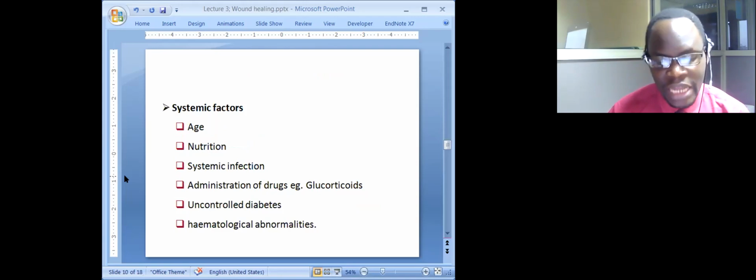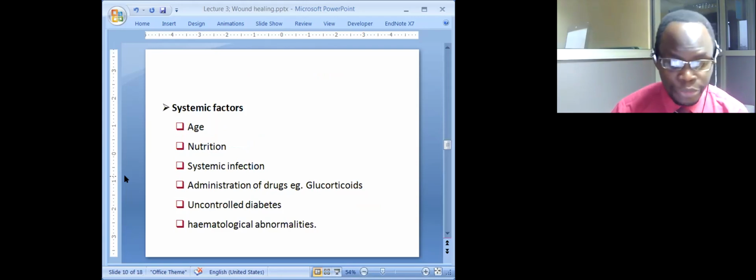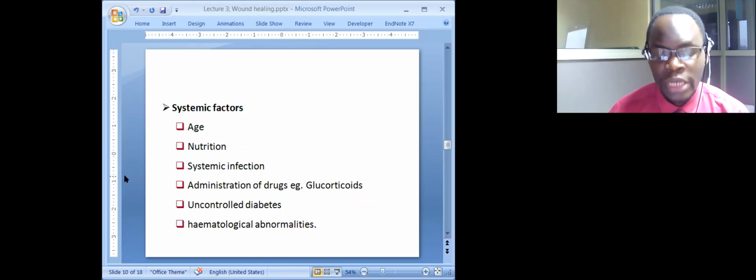And other things like age, nutrition, systemic infection, some drugs like steroids can also undermine wound healing. And also uncontrolled diabetes, and then hematological abnormalities. All these can basically influence or maybe slow down the process of wound healing.